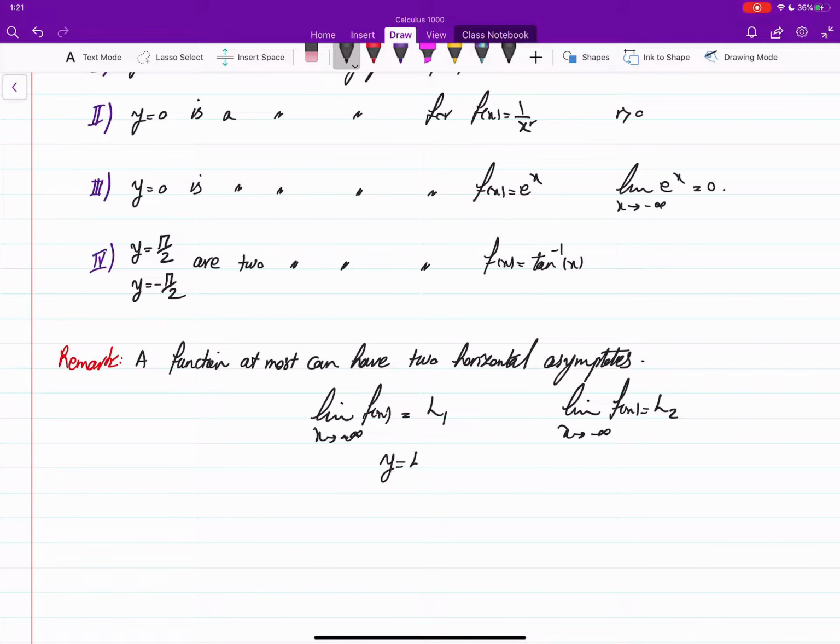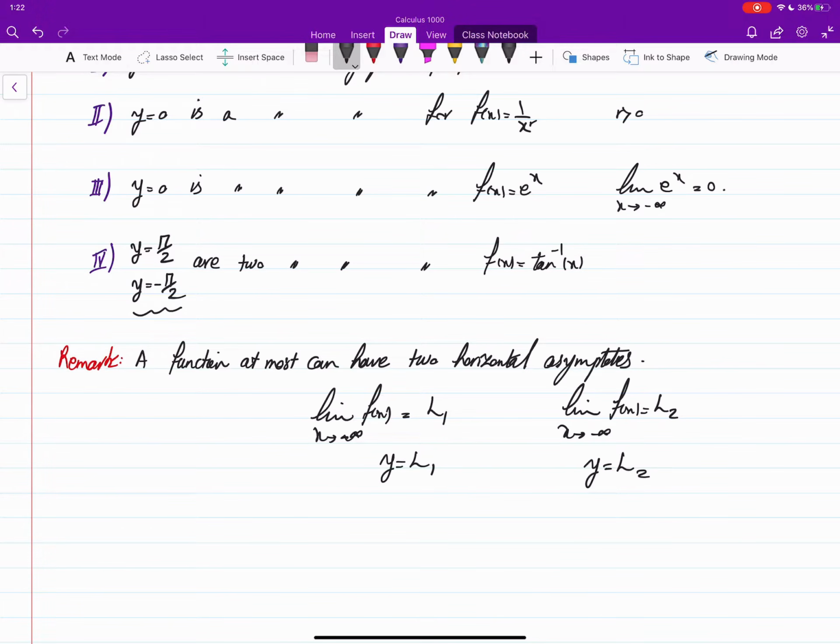That's the most possible thing that can happen. We don't have any function with three horizontal asymptotes. The maximum is 2. For example, tan inverse is one of those functions. You always find the limit at plus infinity and minus infinity. If these are numbers, take those numbers as y equal to L, the horizontal asymptote, and then check negative infinity. If it is another number, then that's another horizontal asymptote.